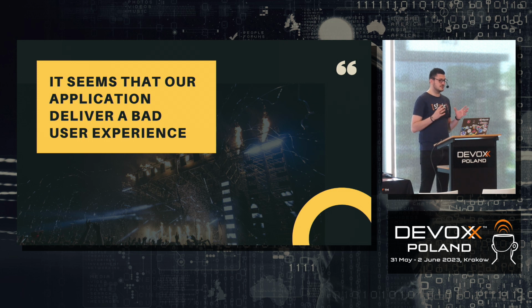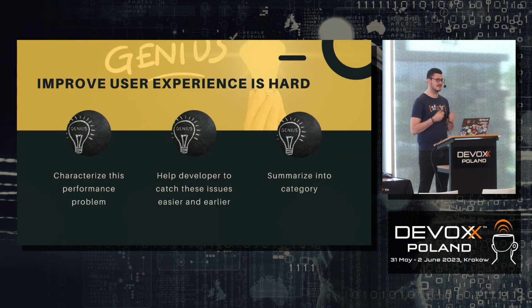So in conclusion, it seems that our application delivers a bad user experience. And guess why? User experience is very complicated to improve because it depends mainly on the users, and each user does not have the same feelings.